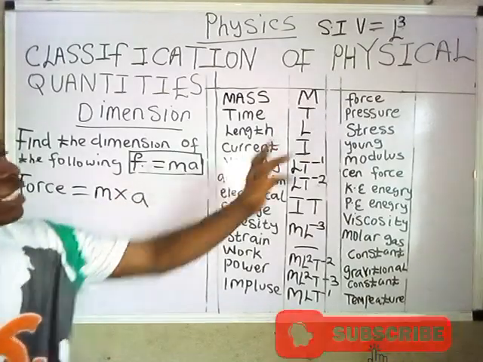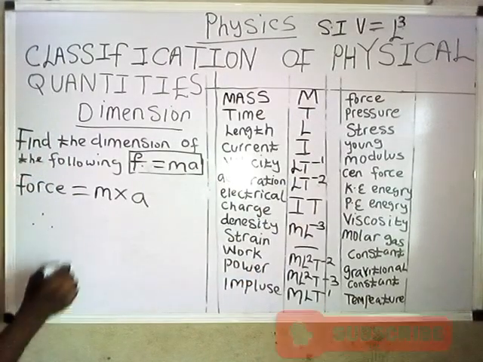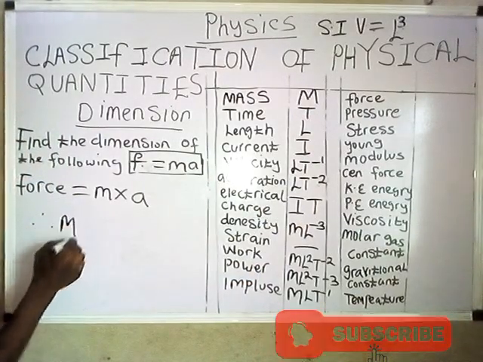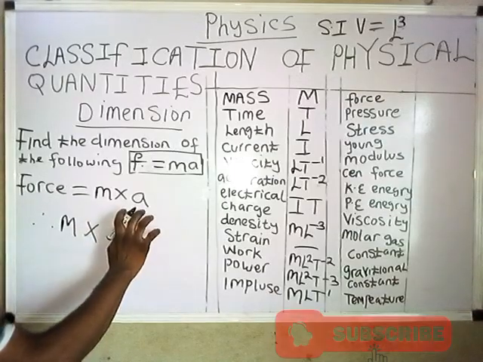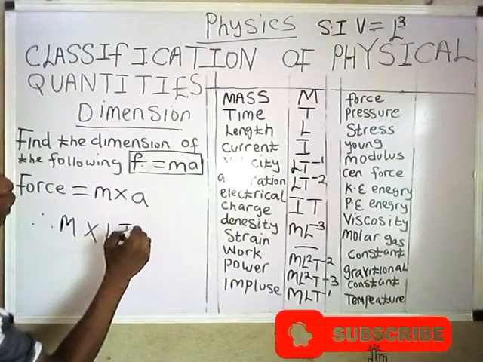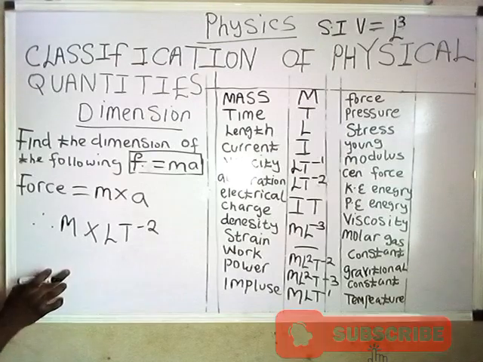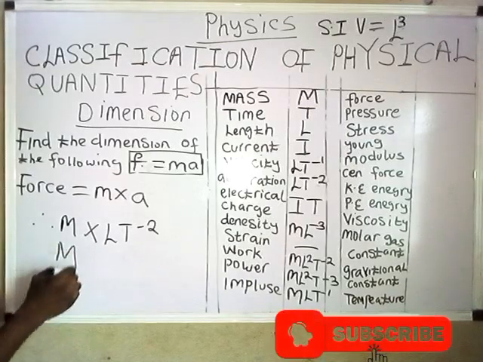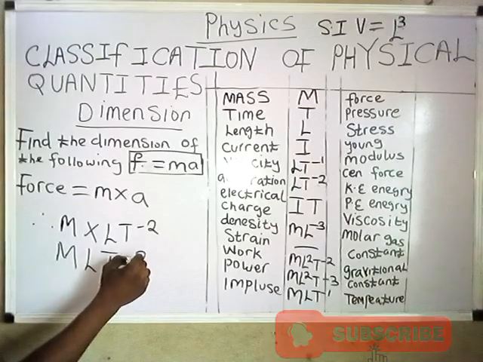The dimension for mass is M, times the dimension for acceleration, which we saw earlier was L T raised to power minus 2. So the dimension for force is M L T raised to power minus 2.